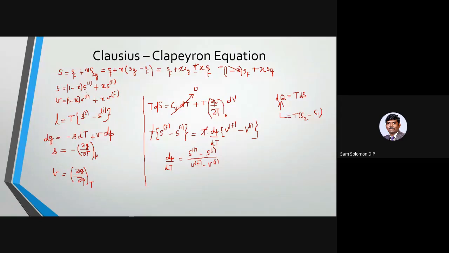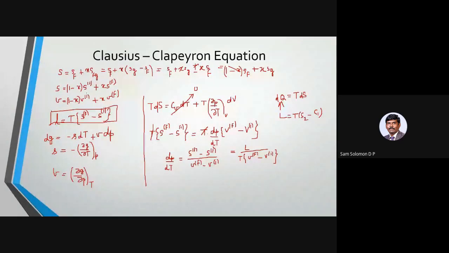And if you use the relationship that L is nothing but T times (sf minus si), then sf minus si can be replaced by L divided by T. So dP by dT is L, the latent heat of the phase change process, divided by the temperature at which the phase change takes place, multiplied by the change in volume, (vf minus vi). This is not volume, this is specific volume.